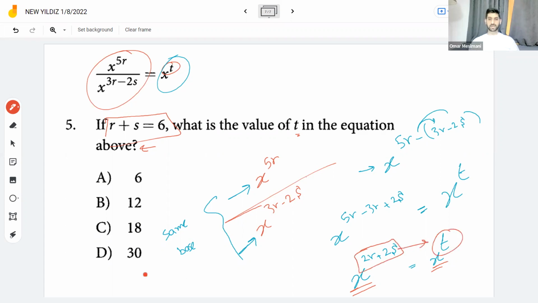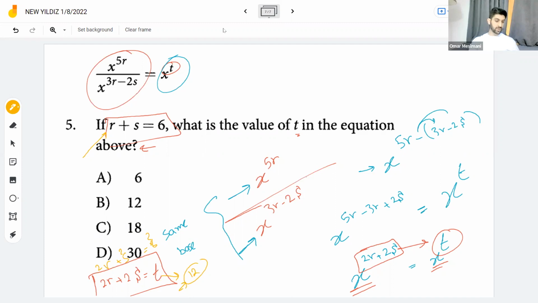So 2r plus 2s has to be equal to t. I already have r plus s equals 6. I'm going to multiply the whole equation by 2. So 6 times 2, t has to be equal to 12. t has to be 12.